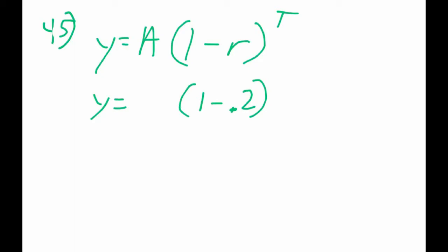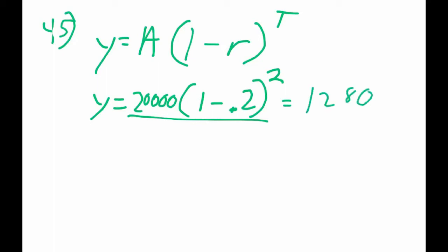And we're going to have it for 2 years, so I'm going to put a time of 2 up here. And A turns out to be 20,000. So if we just plug this in, the calculator will tell us how much our car is worth after 2 years. And so we wind up with 12,800.